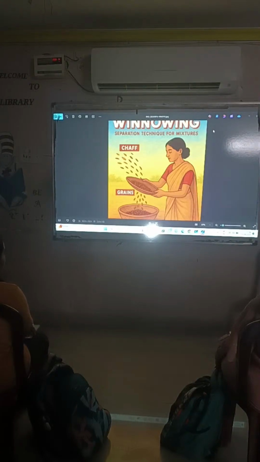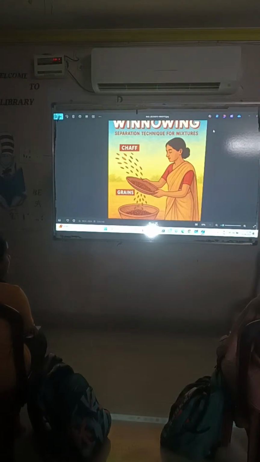What is meant by winnowing? A large open-mouthed tray or fan is used. We shuffle the mixture clearly. At that time, what will happen?